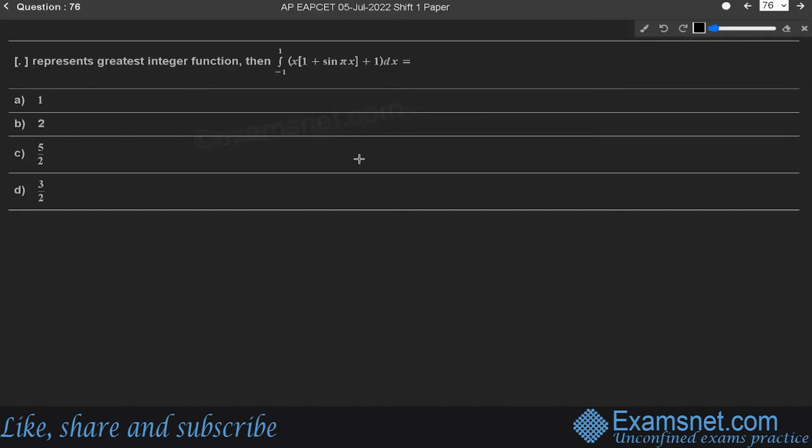Next question is, if [.] represents greatest integer function, then integral of minus 1 to 1 x into [1 plus sine pi x] plus 1 dx is equal to. Here we know that sine pi x lies between minus 1 to 1.